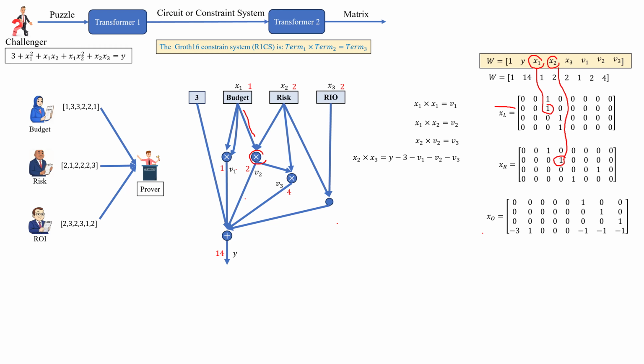And what is the output of gate 2? It is V2, right? So that's the reason I'm going to replace the position of V2 in row number 2 of matrix XO to show the output of gate 2, right?